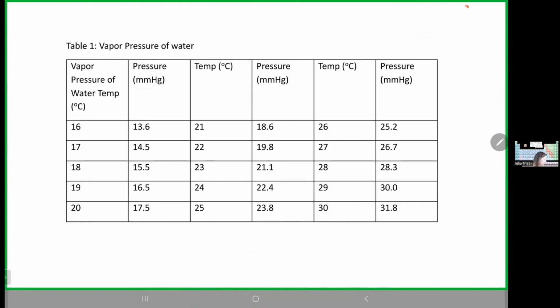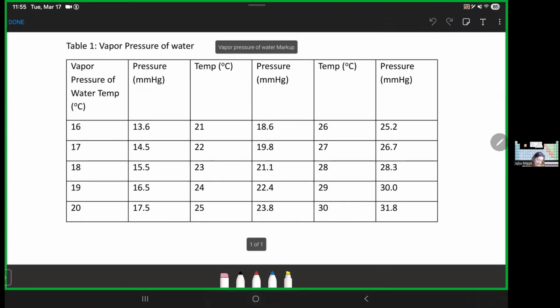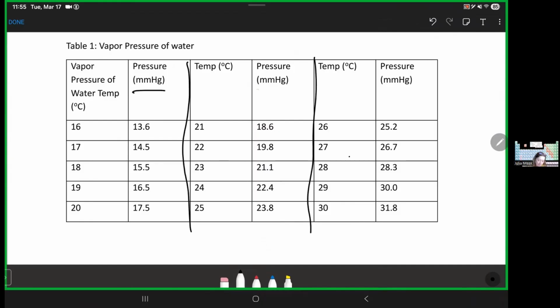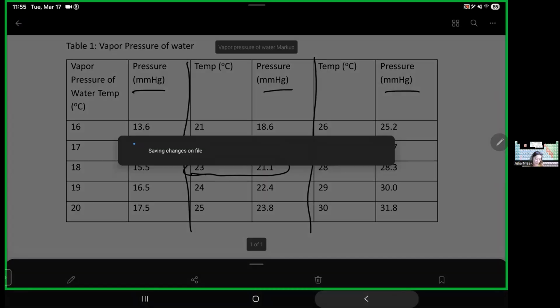The temperature on that one was 23 degrees Celsius. So we look at our table and we find 23 degrees Celsius. All of these are in millimeters of mercury. That's why I'm not converting that pressure yet. You first have to subtract off your water before you convert to ATM. So at 23 degrees Celsius, it's 21.1 millimeters of mercury.